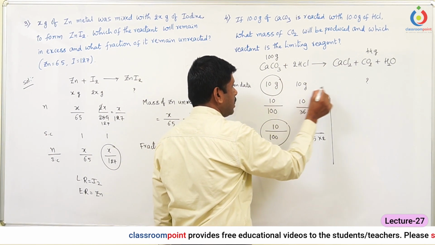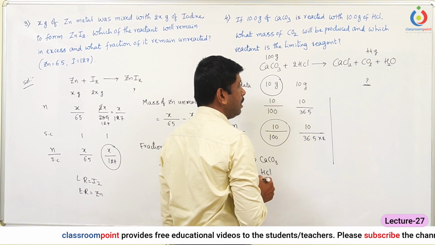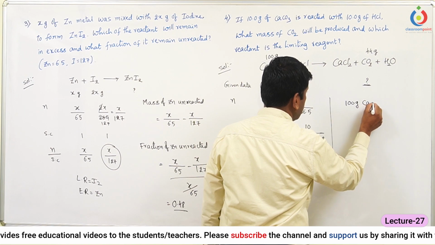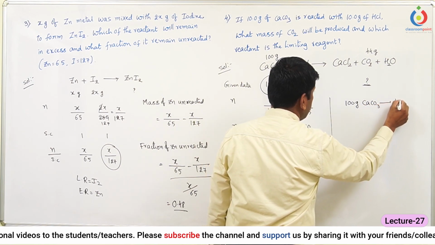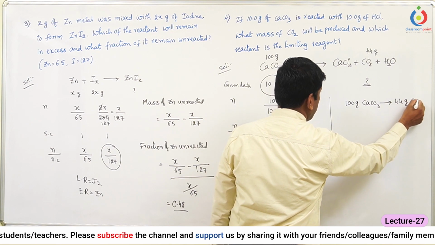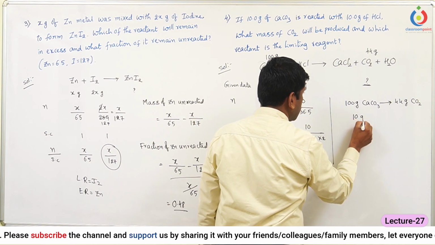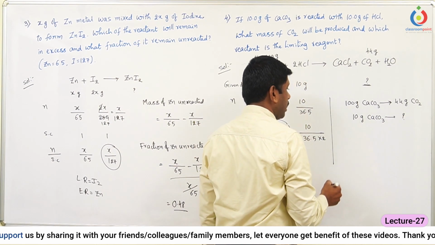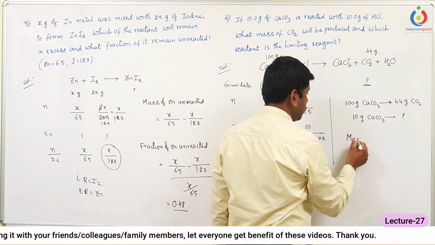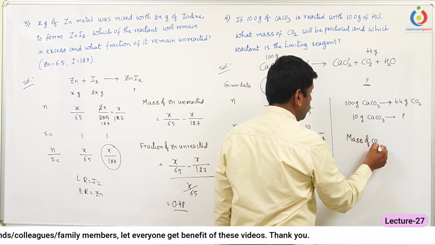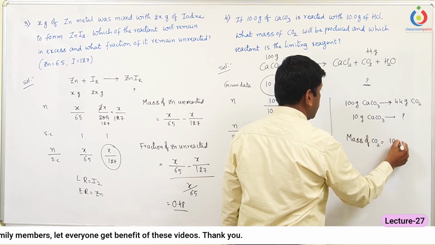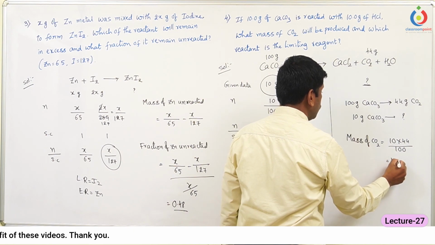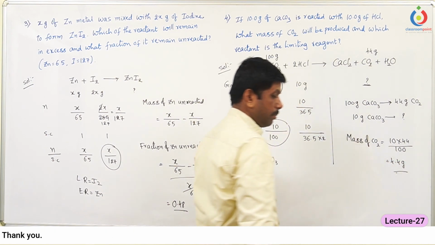Then how many grams of carbon dioxide can 10 grams of calcium carbonate produce? So 100 grams of CaCO3 produces 44 grams of carbon dioxide, but only 10 grams, that is the limiting reagent we have considered, can produce how much mass of carbon dioxide. So the mass of CO2 is equal to the cross multiplication, 10 into 44 divided by 100. So this is equal to 4.4 grams.